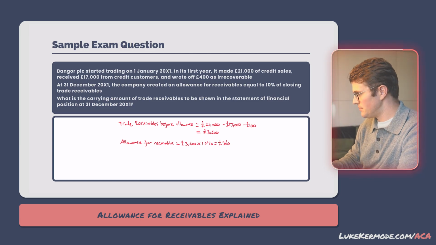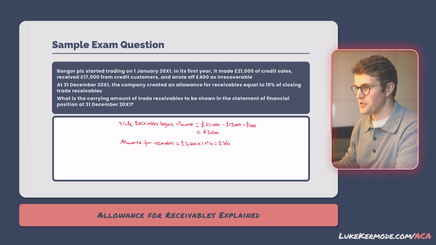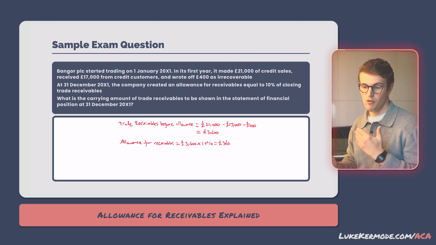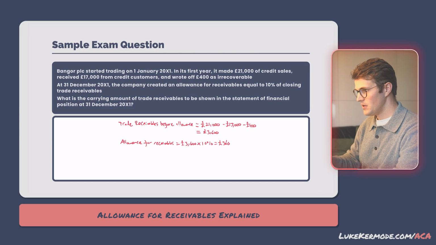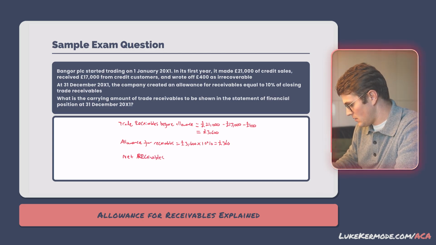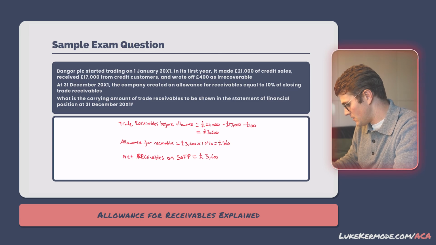So with that in mind, we've been asked in the question to calculate the carrying amount of receivables that will be reflected on the statement of financial position. So to calculate that net receivables amount that's presented on the balance sheet, we take the gross trade receivables and we deduct the allowance for receivables.